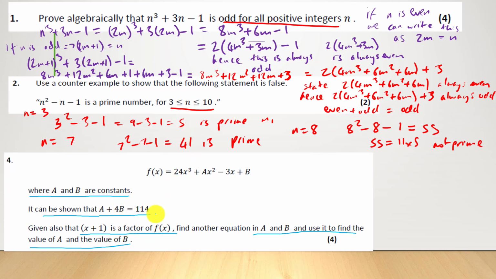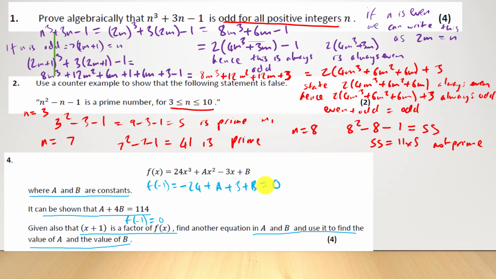So what we can know is that f(-1) is going to equal 0. So let's substitute that in. That's going to get us some marks. Minus 1 cubed is still minus 1, so we're going to get minus 24. Minus 1 times minus 1 is 1, so we're going to get a. Minus 3 times minus 1 is plus 3 plus b, and we know that equals 0.